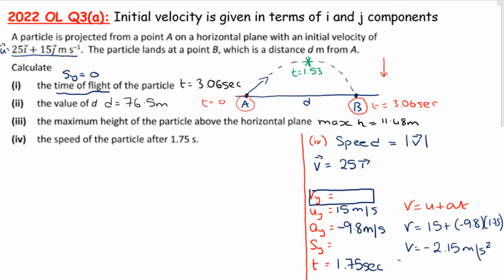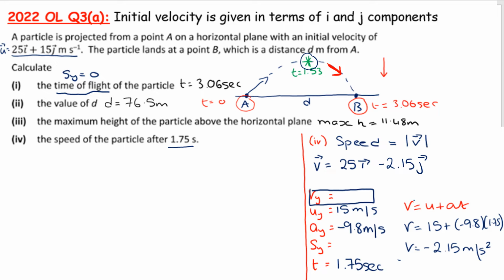What that negative means is it's pointing down, so minus 2.15j. We're talking about 1.75 seconds. Halfway is 1.53, which means we're somewhere here. So the vector is moving like this, pointing down, which means I have a positive i because it's moving to the right, but a negative j because it's moving down. So that negative is absolutely fine.